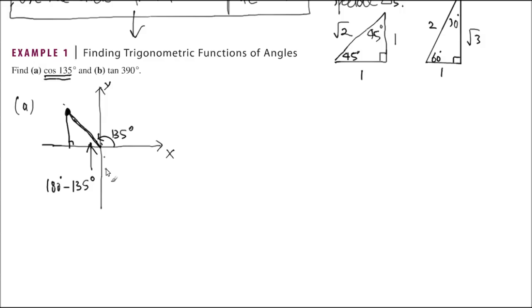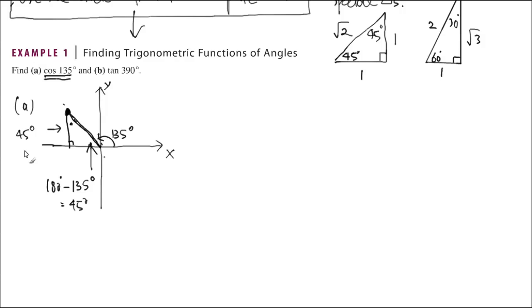You subtract 135, and that's how much is remaining. So what is it? 45 degrees. That makes the other angle also 45. So by doing that, we created an isosceles right triangle. And for 45, we know what's going on with that triangle.